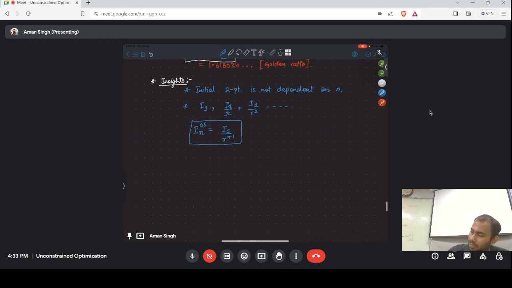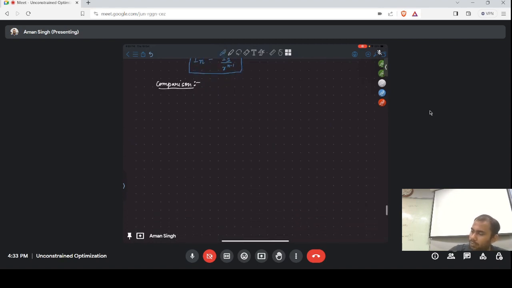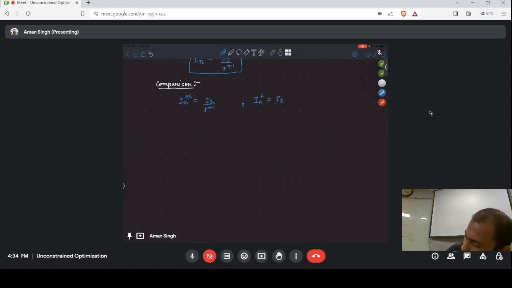Now let's compare this to Fibonacci. We saw that the nth term for golden section is I1 by r to the power n minus 1. We also saw previously that the nth term for Fibonacci is I1 by Fn, where Fn is the nth term in the Fibonacci series.